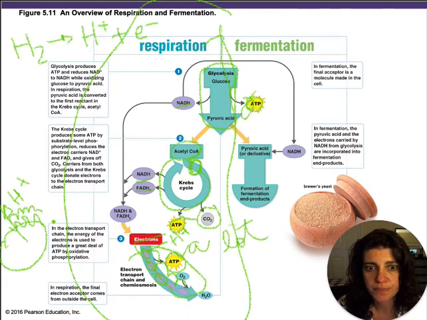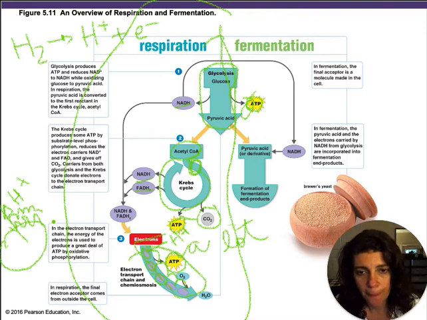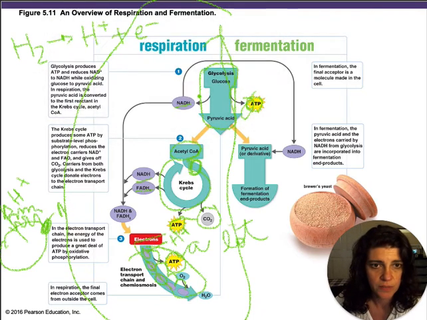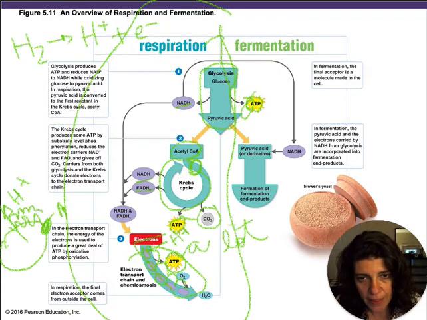For what? Remember, in the end of the electron transport chain, you're going to have an enzyme that is called ATP synthase.